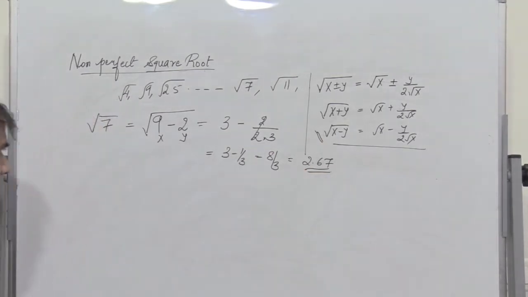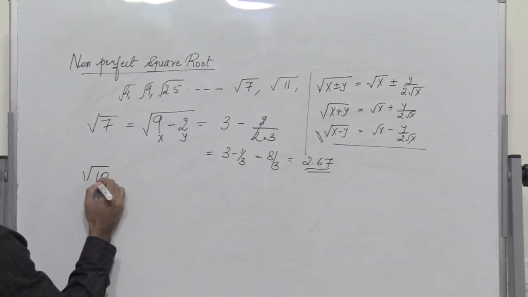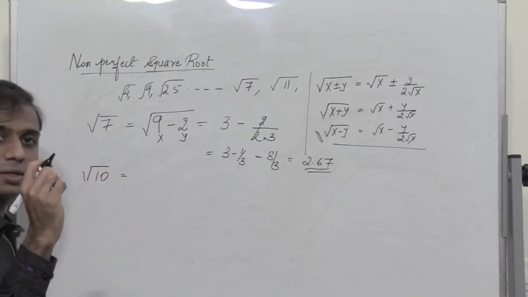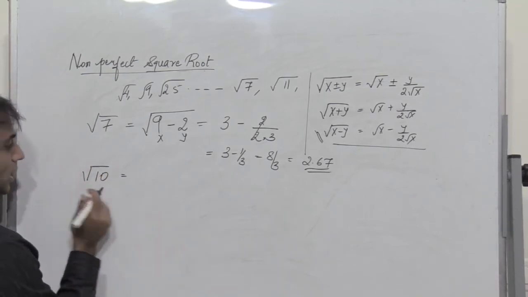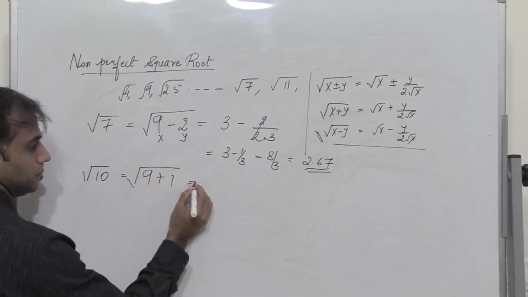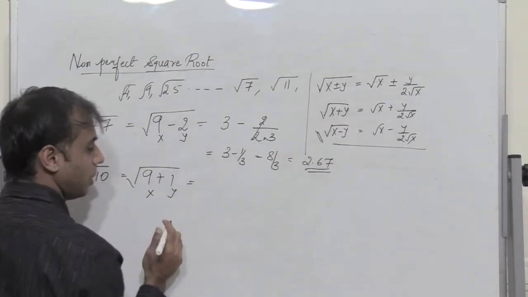So let's take another example. Let me try to find root 10. Root 10 can be written as, choose a perfect square closest to 10: 9 plus 1, the whole root. This is x and this is y, so I use the plus expression.